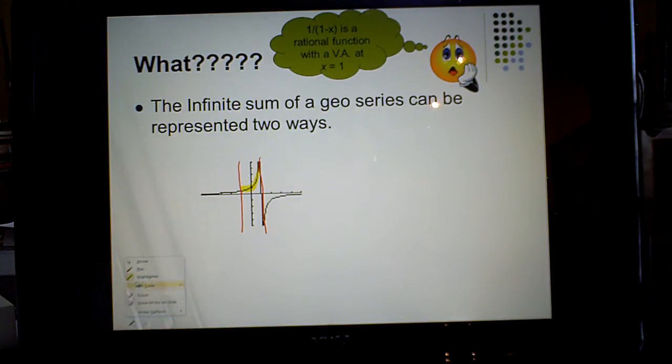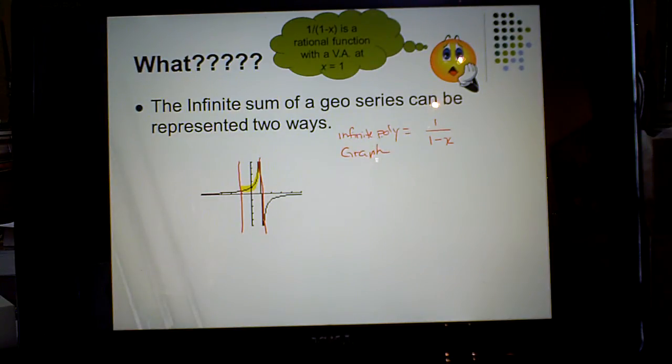With the infinite sum, with that infinite polynomial being equal to 1 over 1 minus x, what if I look at the graph?